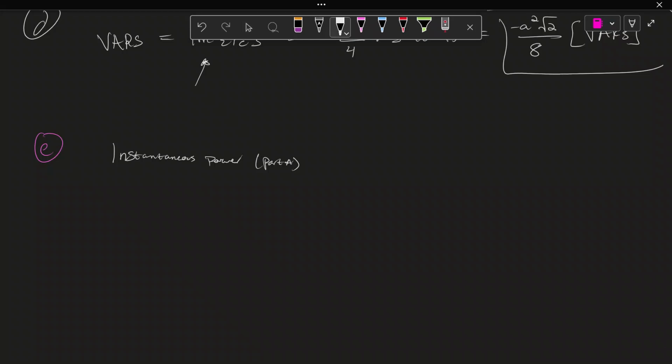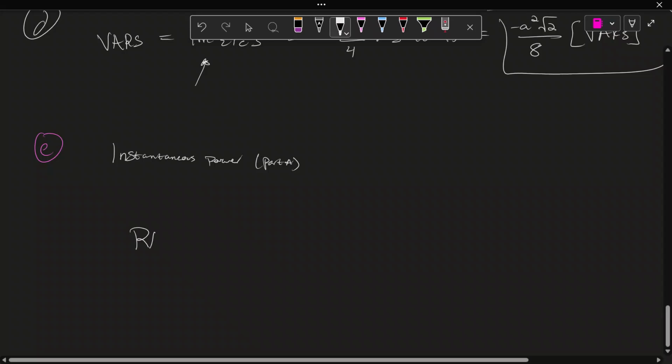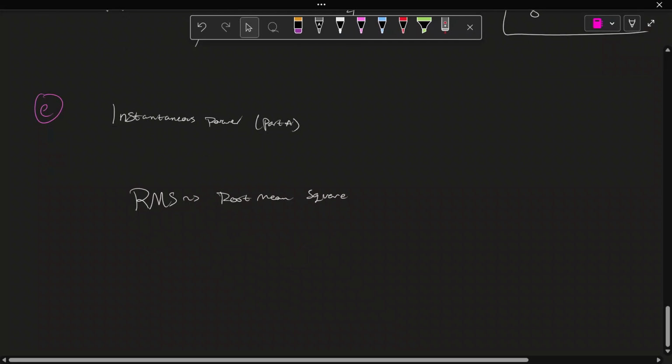Do we remember what the root mean square is? This is literally root, mean, and square. This isn't exactly what we're doing, but it'll make some sense. In the root mean square equation, you have to take the time average.